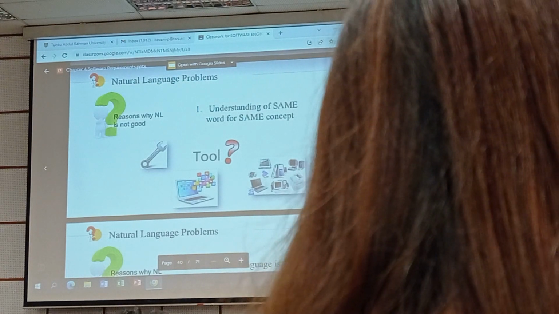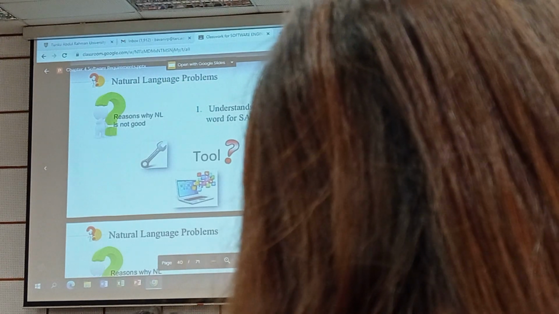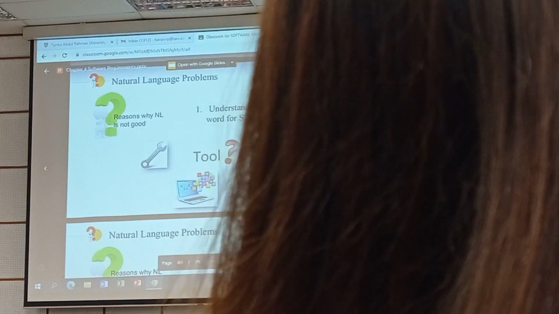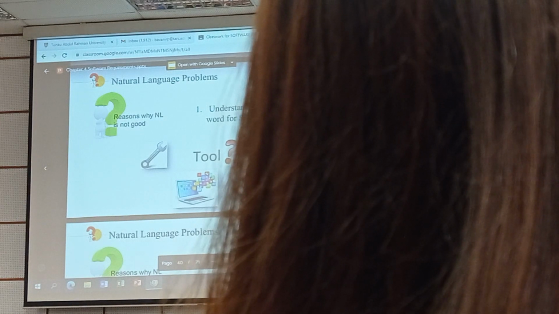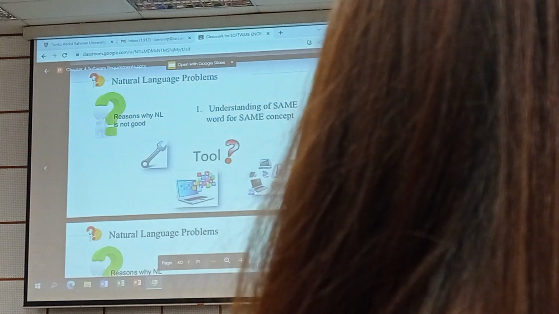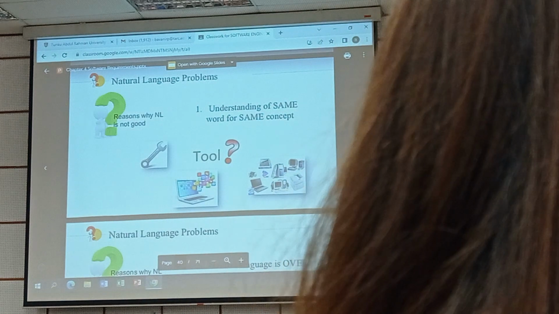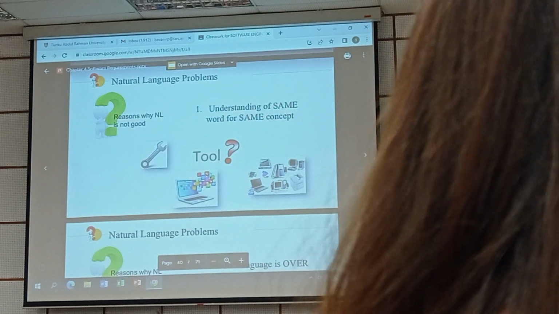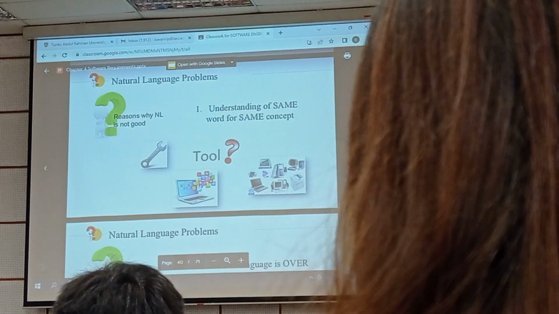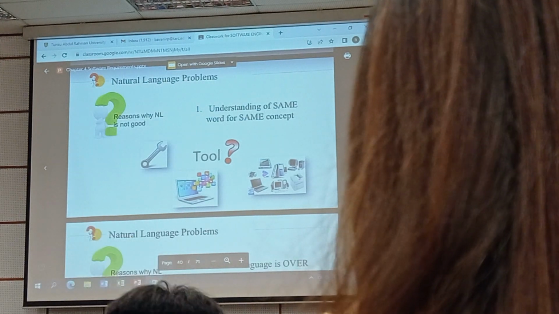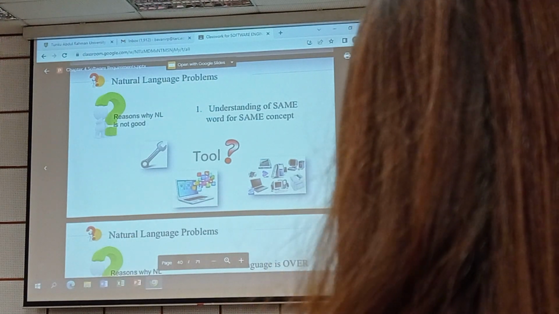Tell me. Saw means you see, right? You are looking with your eyes, and bat means the animal, the bird, spelled B-A-T. Okay, that is one.